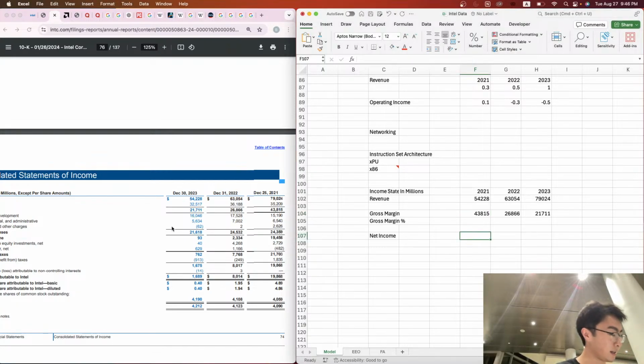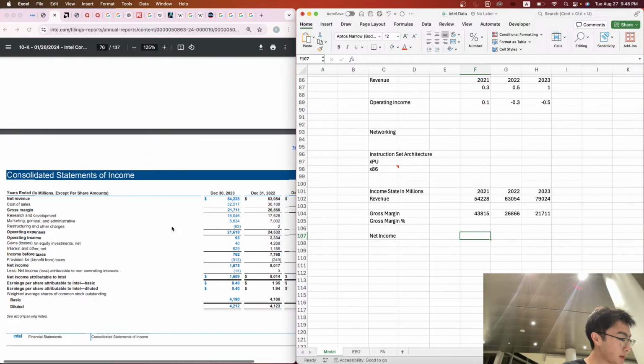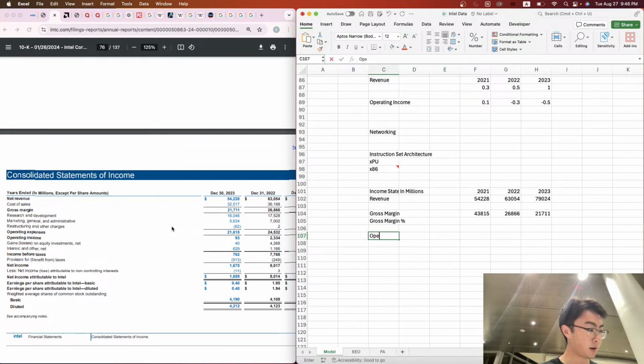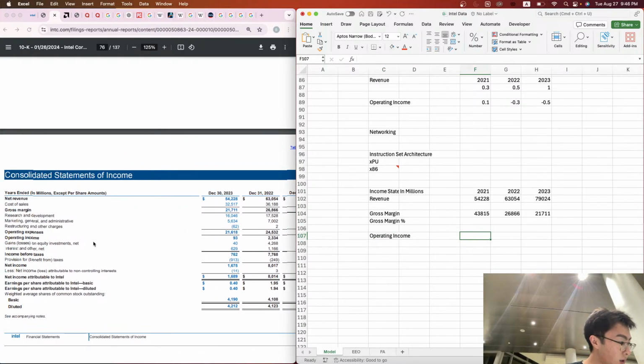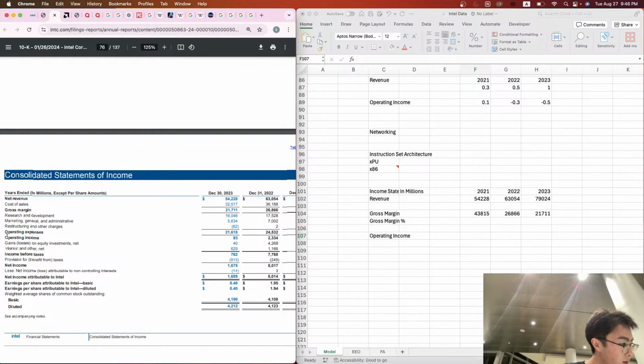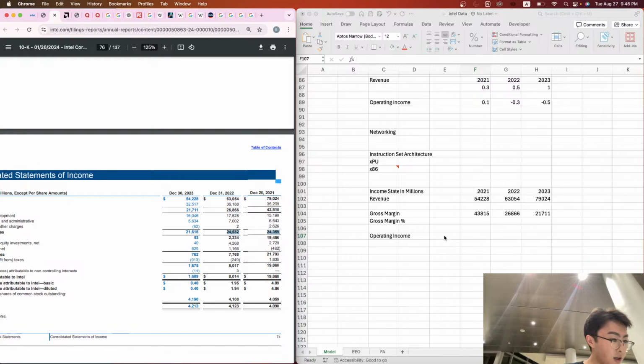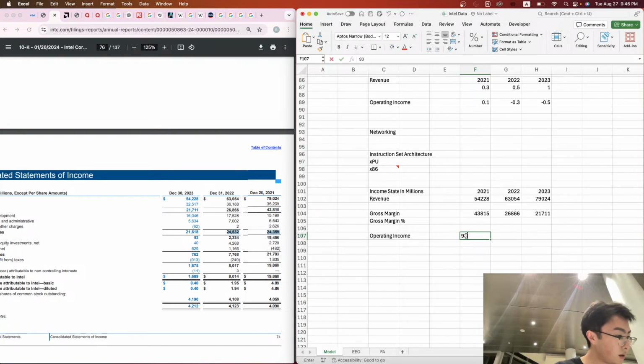And then net income. Actually, operating income would probably be good. So let's take a look at operating income here. Okay, 93, 2, 3, 3, 4. Oh, no, I have this backwards. 24,359.